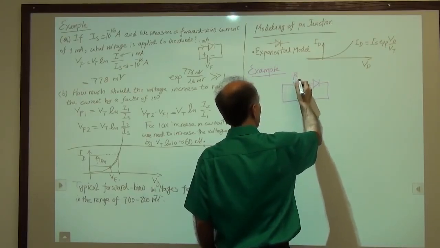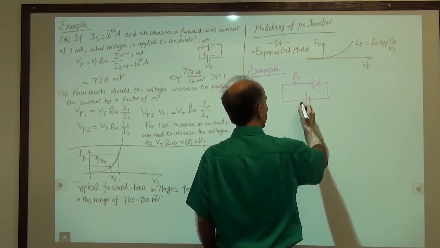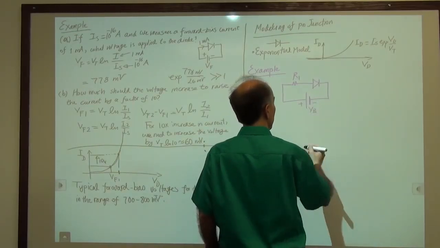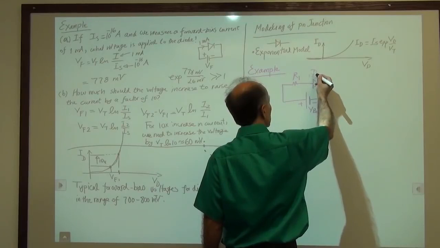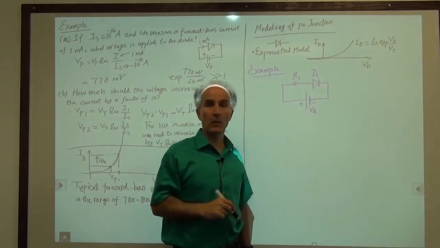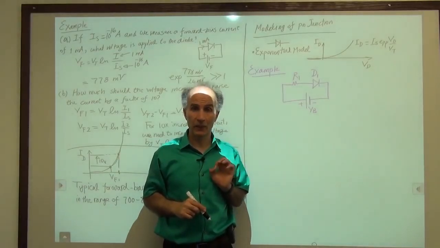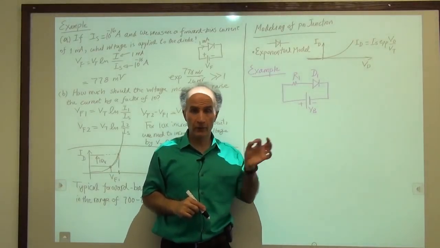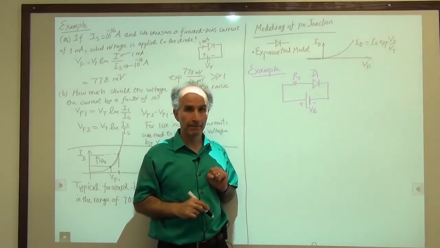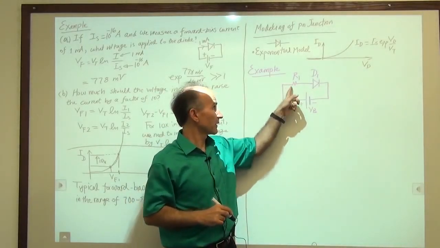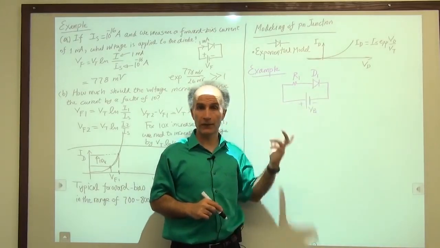A resistor of value R1 and a battery of value VB and a diode. I will call this diode D1. So from now on we'll use the letter D to represent diodes, just the way we use letter R for resistors. So I connected a battery and a resistor and a diode in a loop together.